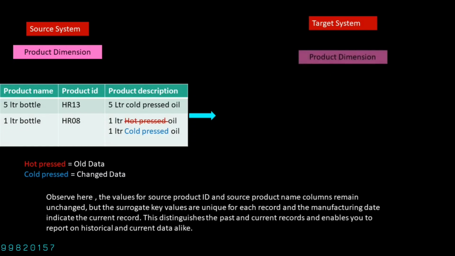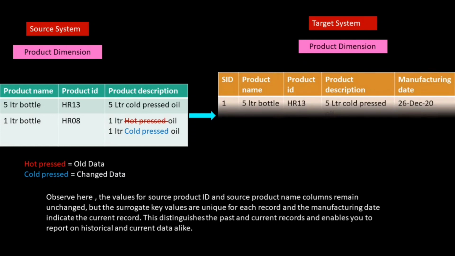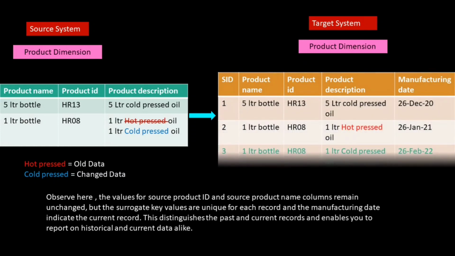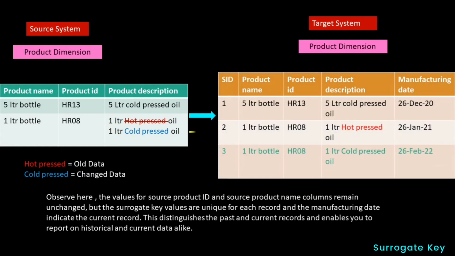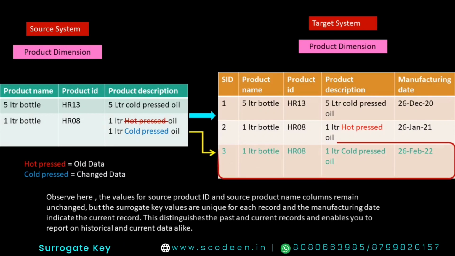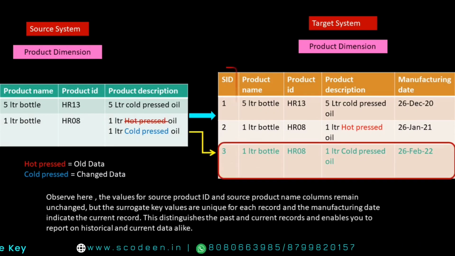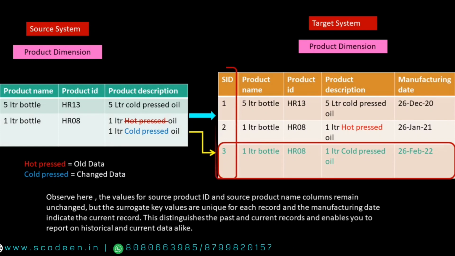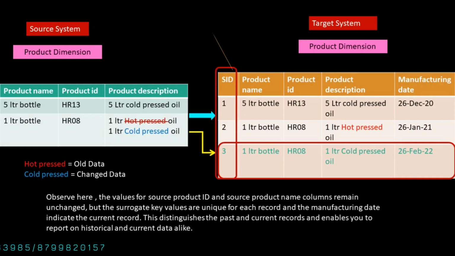So hot pressed is the old data and cold pressed is the changed data. So in the target system, that is the product dimension table, we can observe that the hot pressed remains there in record 2. In record 3, a new row is inserted for cold pressed oil. We can observe the manufacturing date that will describe the information. So here we can implement the surrogate key.